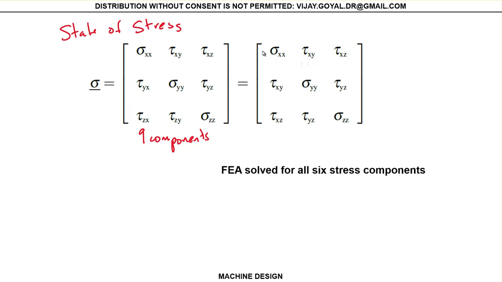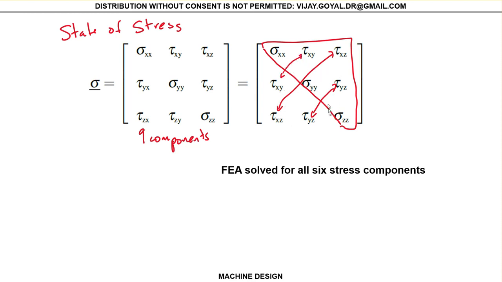By symmetric, it means that everything that happens on this side, about the diagonal, is the perfect mirror. You can see that these are the same, these are the same, these are the same. They're identical. That means the matrix is symmetric.